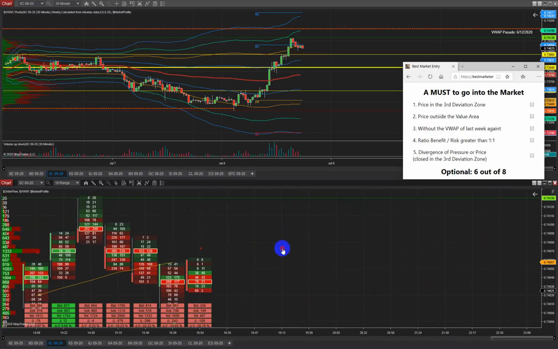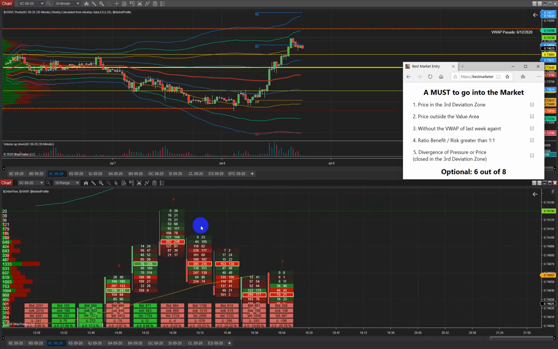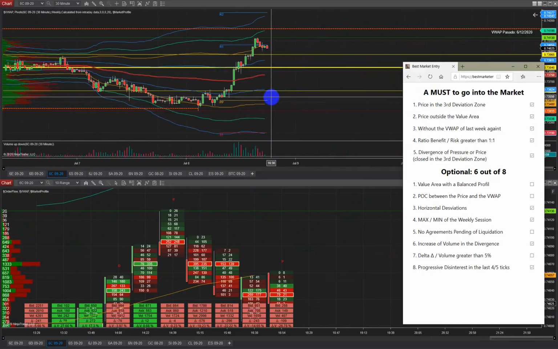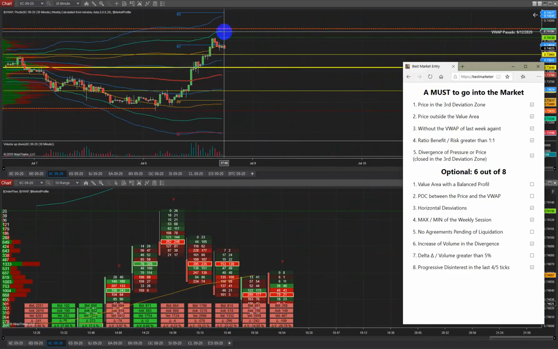Well, first of all, I have to see here the range, but we're gonna see something, because this is according to what I want to look. I got a VWAP here, but it's not from last week. It's from the 12th of June. So the price is in the 3rd deviation when it was here in the max. I'll do this.